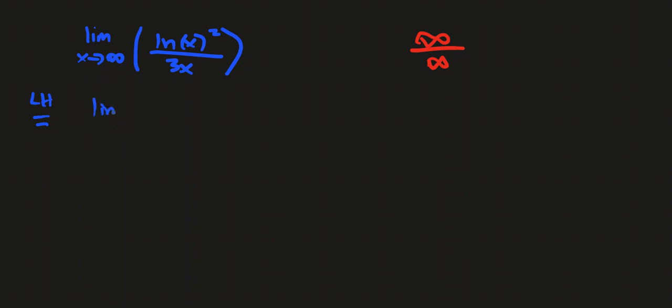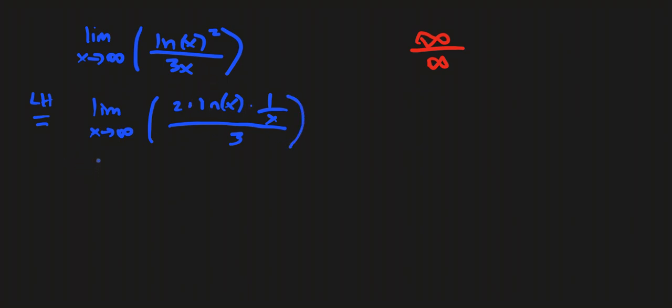So let me use L'Hopital's rule and find the derivative of the top and the derivative of the bottom. For the derivative of the top, I'm going to use the chain rule and make this 2 times the natural log of x times 1 over x, all over 3, because that's just the derivative of 3x.